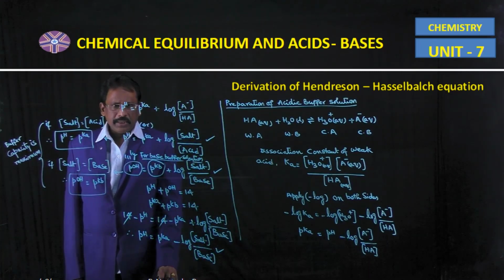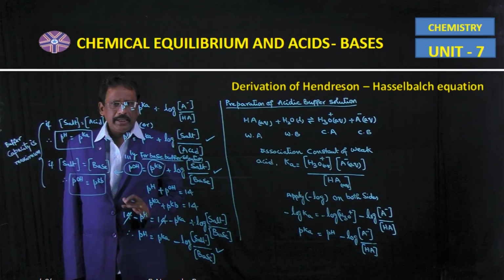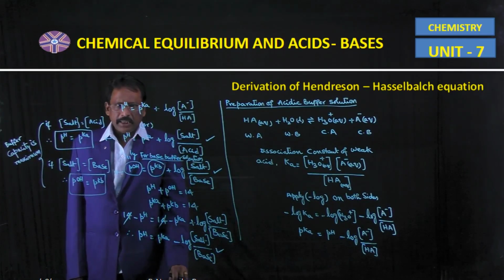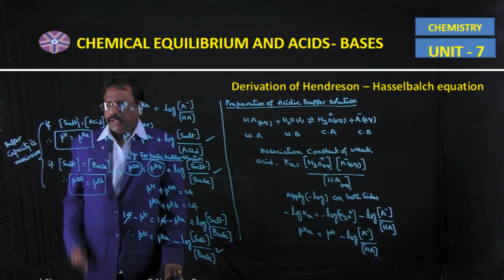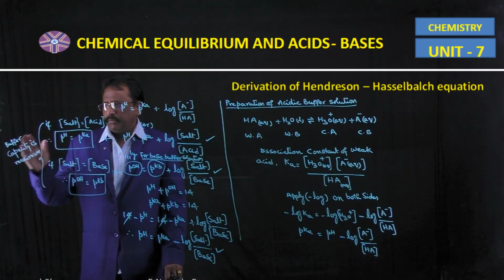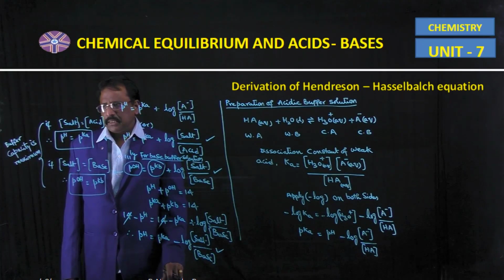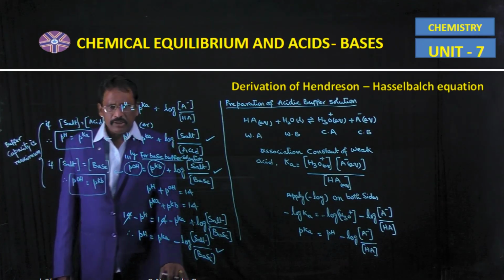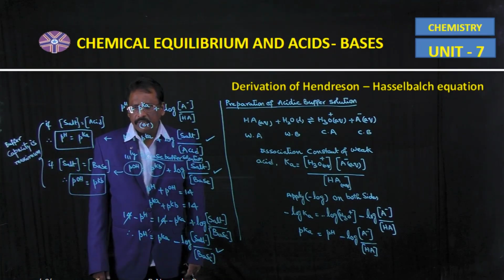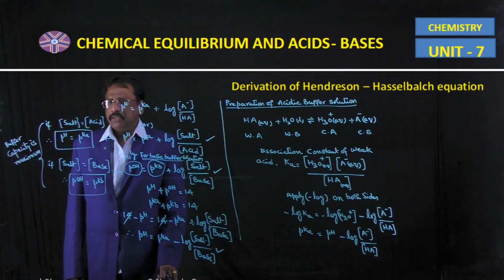The Henderson-Hasselbalch equation explains how to calculate the pH of both the acidic buffer solution and the basic buffer solution, and what is meant by buffer capacity. Buffer capacity means the number of moles of acid or base added to 1 liter of the buffer solution divided by the change in pH.